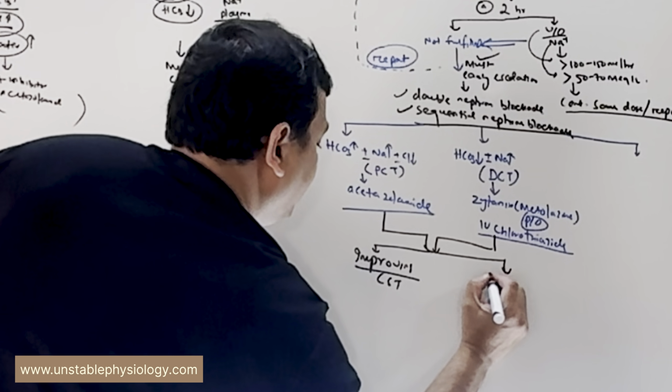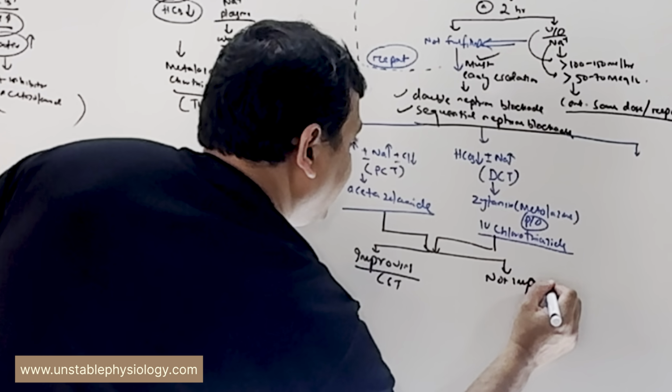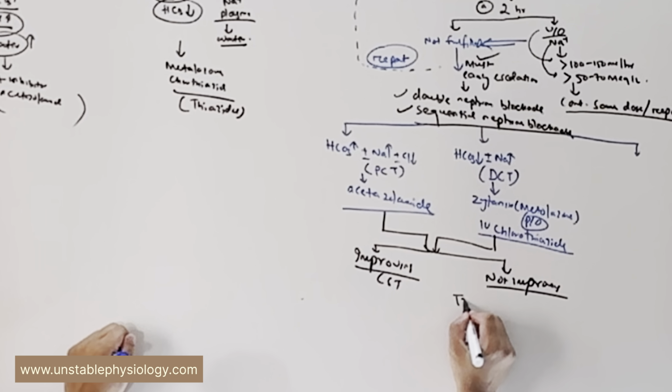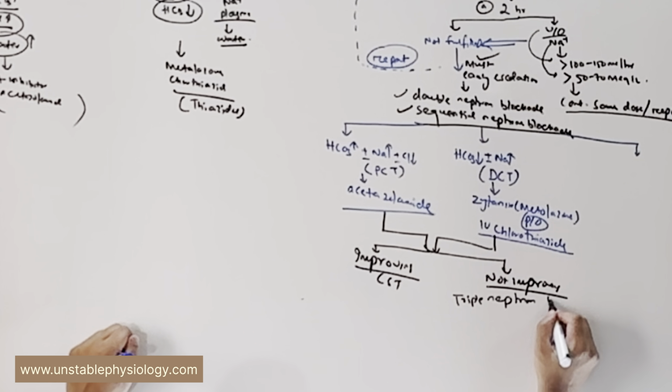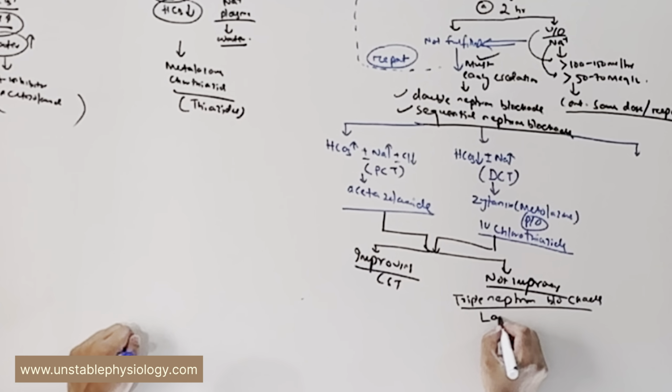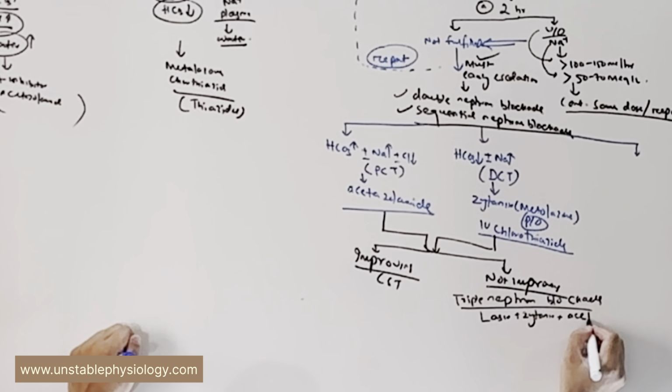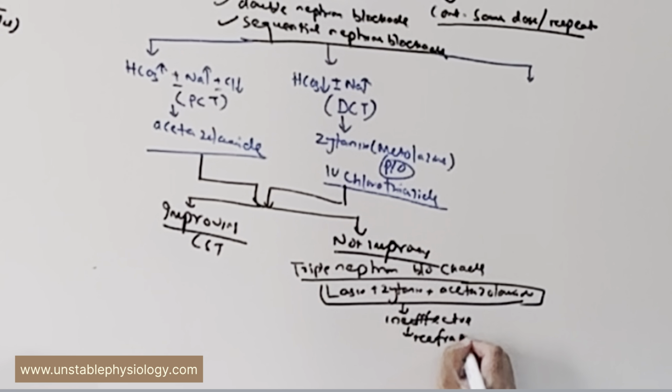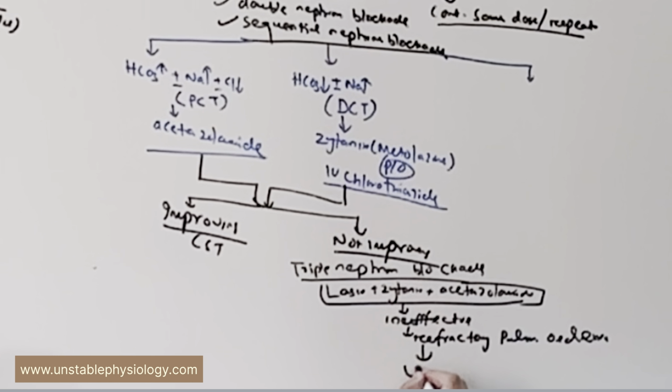If not improving, here you can do one thing, that is called triple nephron blockade. You give Lasix, you give thiazide, you give acetazolamide, and if this is also ineffective, this is called refractory pulmonary edema, and here you have to do ultrafiltration.